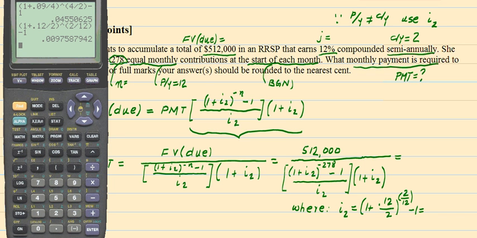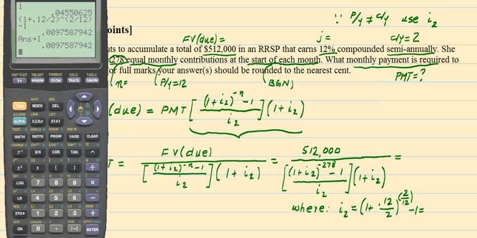So that's the I sub 2, and I want to store that, store in alpha x squared under I. So my I sub 2 is equal to 0.00972.